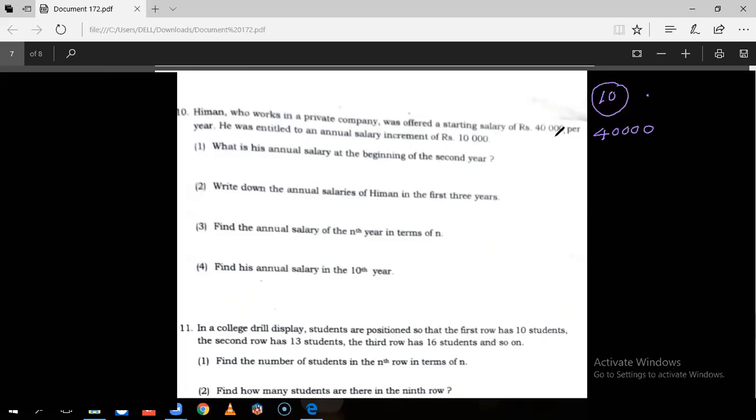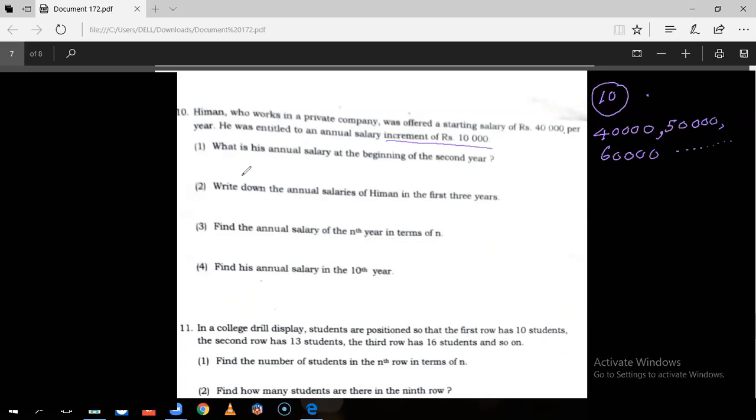So we can write first year 40,000. He was entitled to an annual salary increment of 10,000. The second year becomes 40,000 plus 10,000, 50,000. Then the next year it is 60,000. His salary increases by 10,000 year by year.